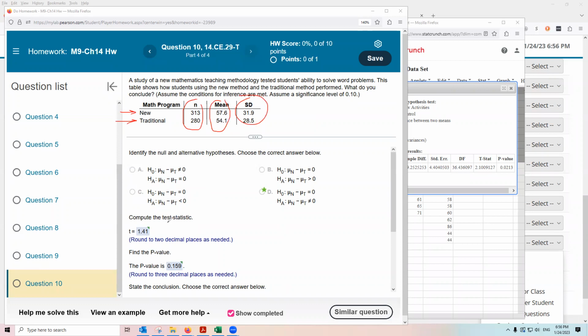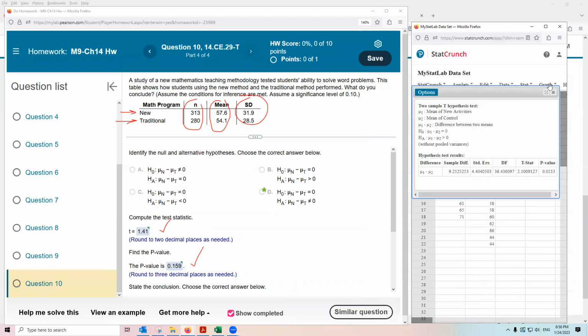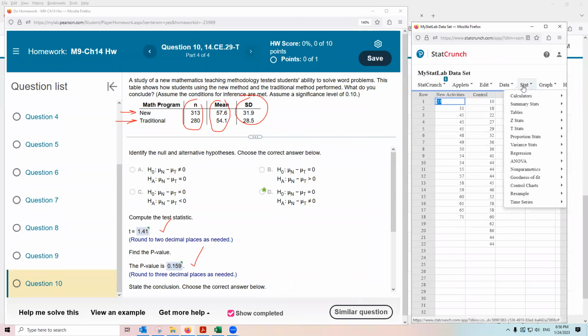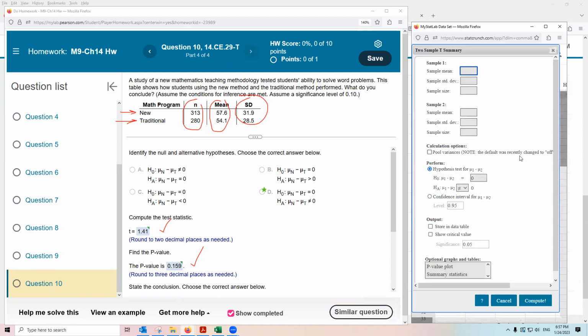So it's going to ask me to calculate a test statistic and a p-value. So I'm going to let StatCrunch do this for me. So let me go back to StatCrunch. And now in this case, notice we don't have raw data. We have summary data. So I'm going to go to T-Stats two sample with summary.